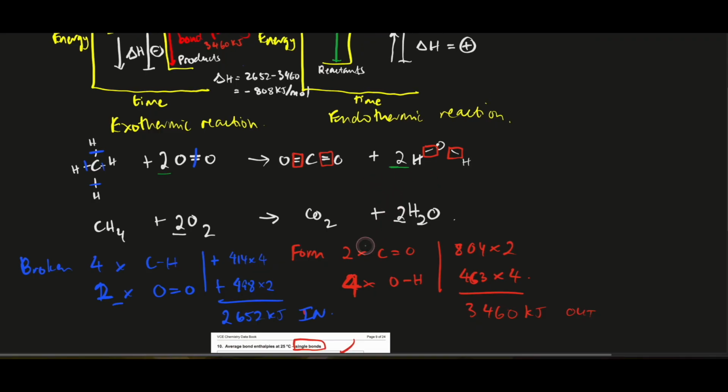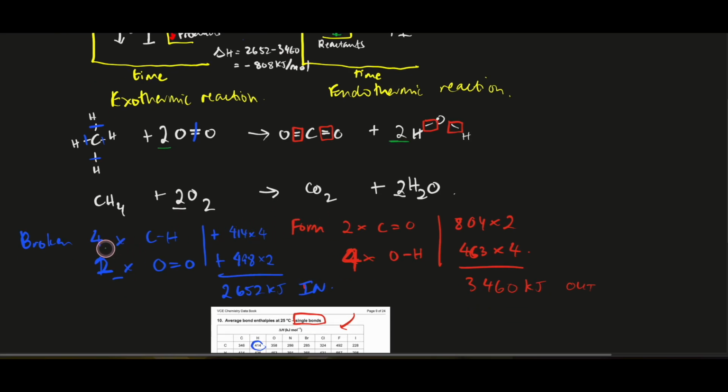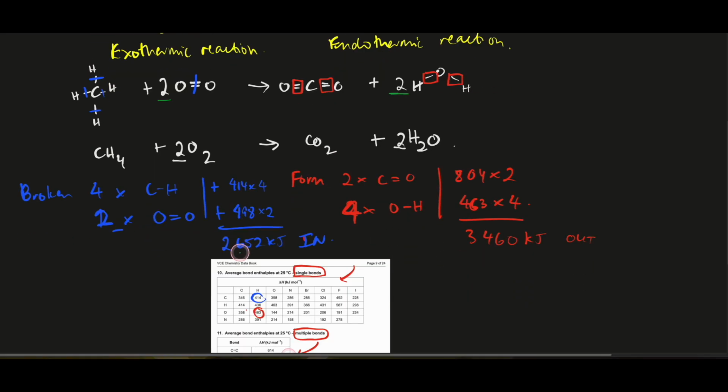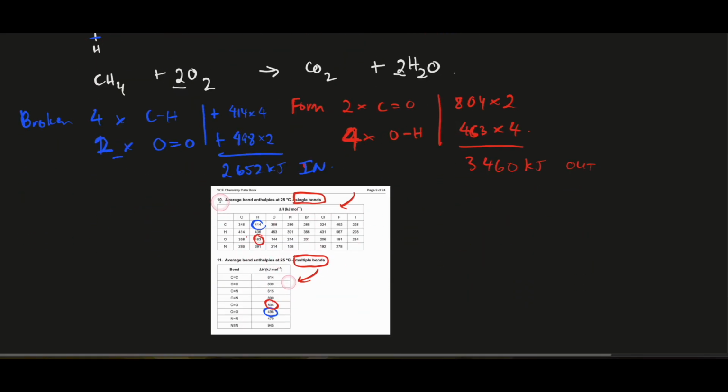It's just a matter of identifying all of them and quantifying how many are broken. You look at the item in the data book, so item 10 and 11, work out the energies in each bond and sum all of the energies together. Bond breaking is energy in, and bond forming is energy out.